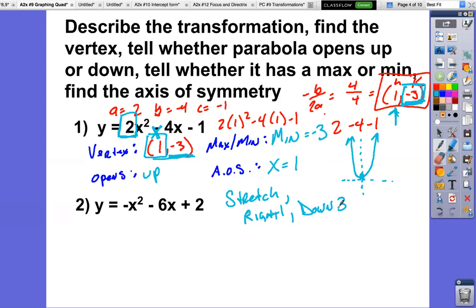So again, today we're just making sense of everything that we've already done. We're cleaning some of this up. So again, I'm going to give you guys about 2 minutes to answer all of those questions for number 2, and then we've got to move on.